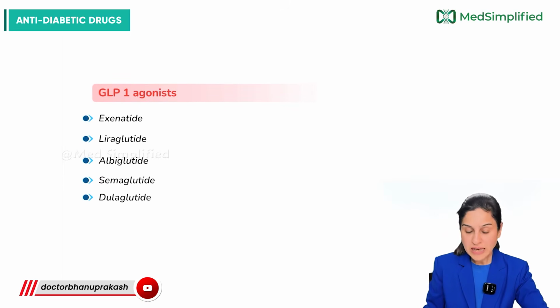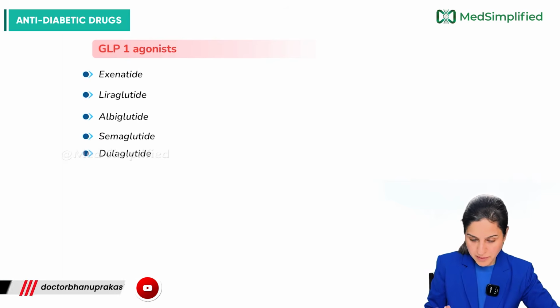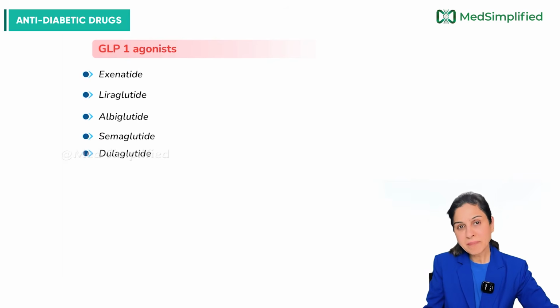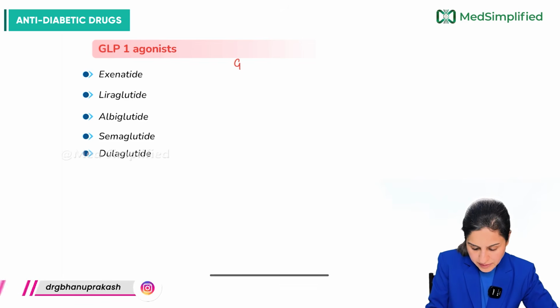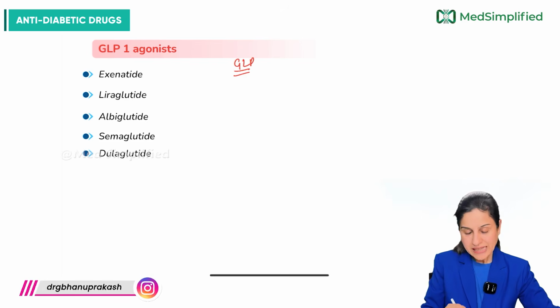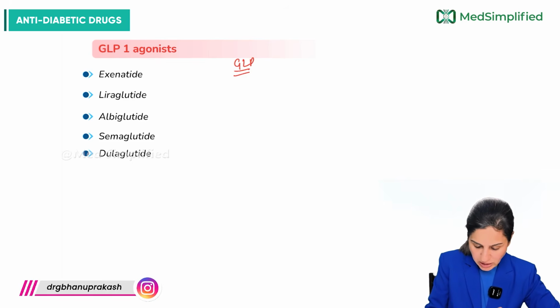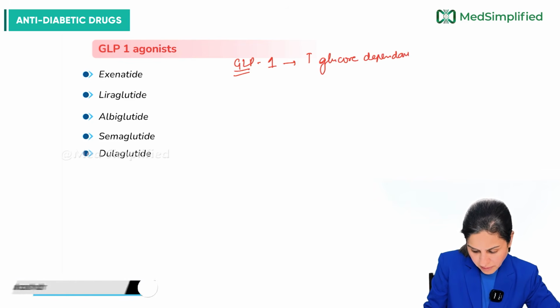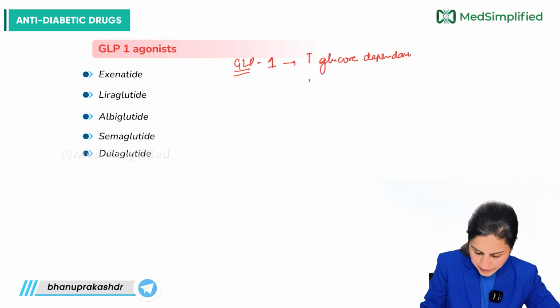Then we have GLP-1 agonists. Now remember, what is GLP? GLP is endogenous in our body, and the role of GLP-1 is to increase glucose dependent insulin secretion. Remember, it is not independent, it is glucose dependent.